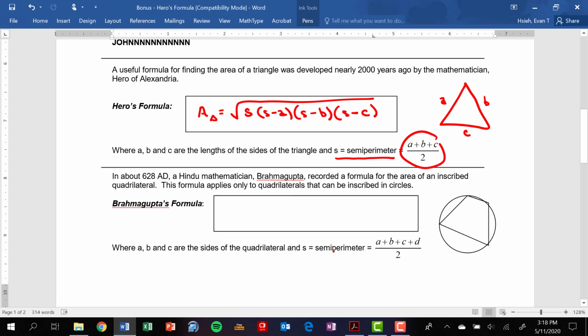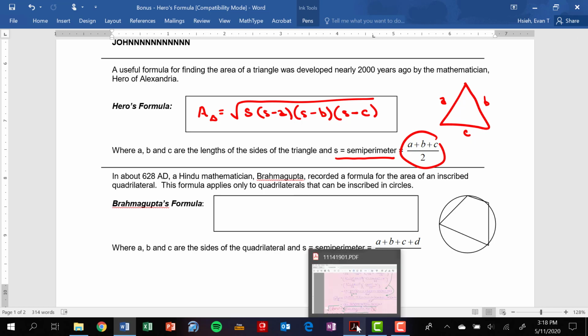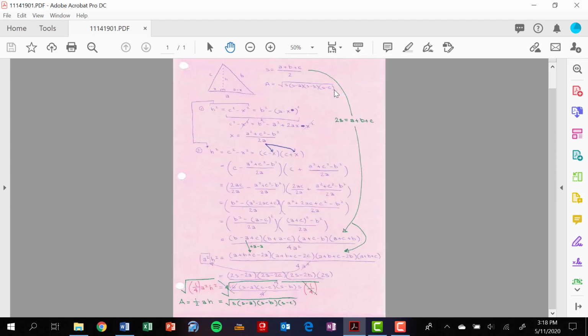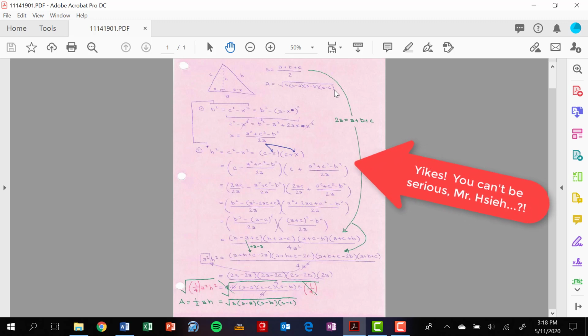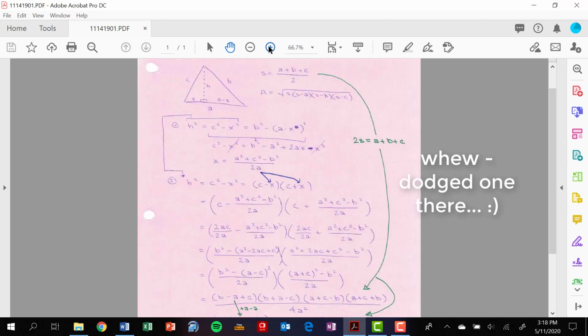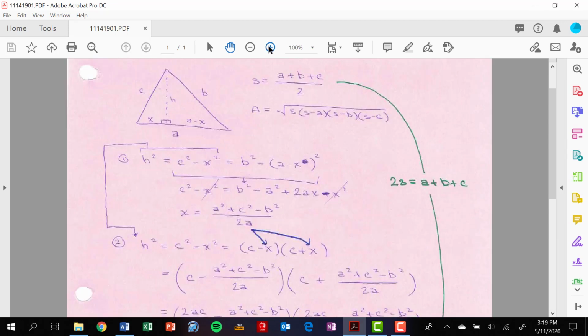Now, if you're curious where that comes from, there's a nice little derivation here, and it looks something like this. We normally in 4 level would go through this entire derivation. It would take about 15-20 minutes. I am not going to go through that in this video, mostly because I feel like a lot of you would just fast forward through the video.